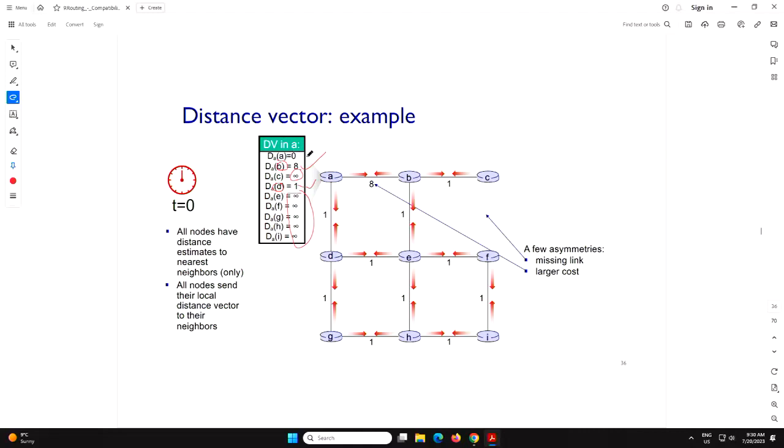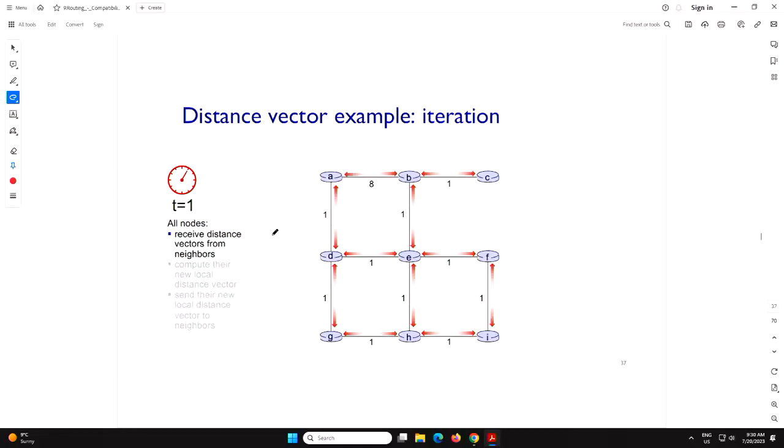So in the beginning, you just have these 2. It only estimates the nearest neighbors only. And then you have to exchange the information, right? Later you will exchange the information, and when you exchange, it means you're receiving. If you're sending to your neighbor, it means your neighbor is receiving from its neighbor. You are also receiving from your neighbors.